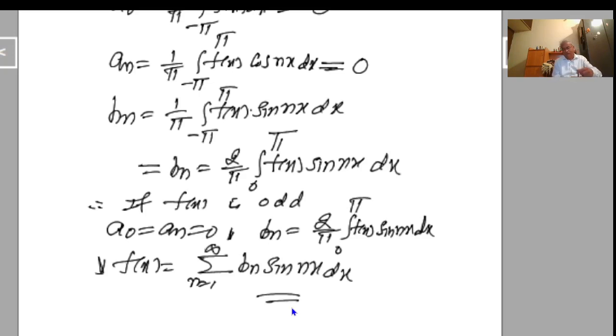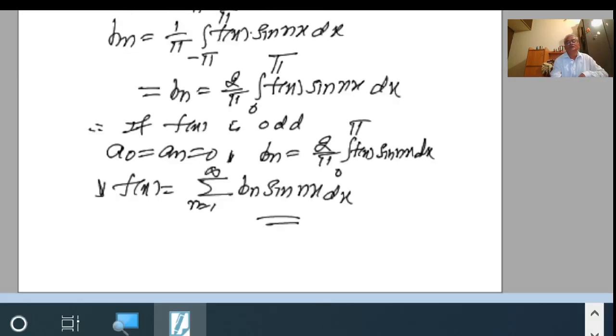So if the function is even or odd, then using these, if the function is even, then bn equals 0 and we can find a naught and an. If the function is odd, then both a naught and an equal 0, and we just have to find the value of bn.